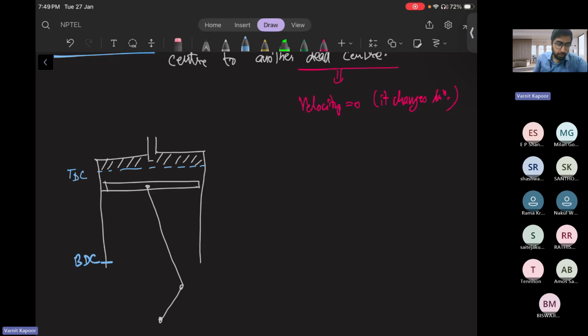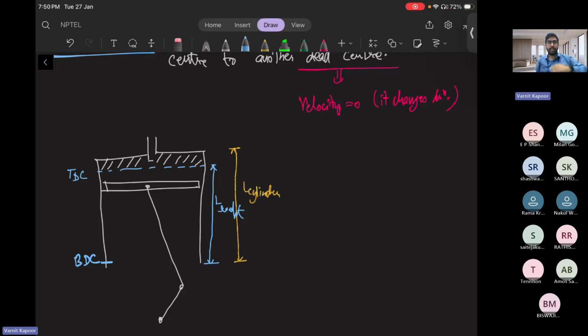So what is the complete length of the cylinder? The complete length of the cylinder is this much, L of cylinder. But what is the swept length? That is from top dead center to bottom dead center, your L swept.